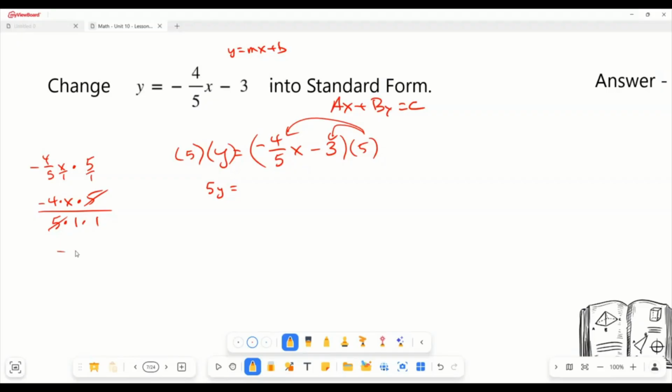We're left with -4 times x over 1 times 1, which is -4x over 1, which is -4x. You should begin to see that what's happening here is that is dividing out with that, and we're left with -4x. And then 5 times -3 is -15. So we took care of getting rid of the fraction.